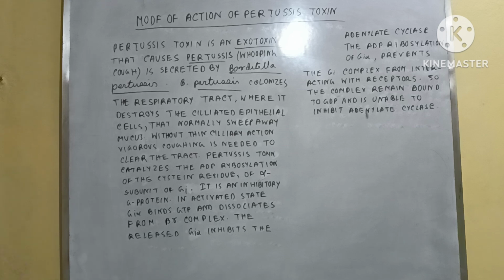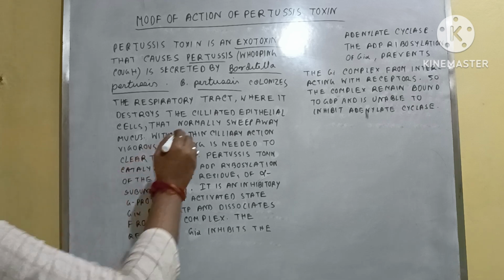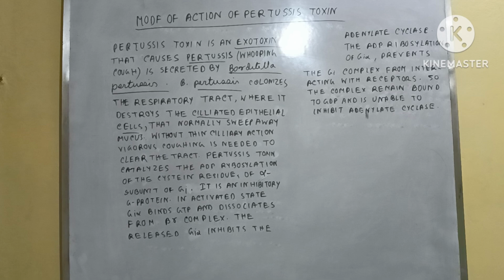So here first we have to understand what the function of the ciliated epithelial cells is. Where are these ciliated epithelial cells present? They are present on the inner surface of the respiratory tract.